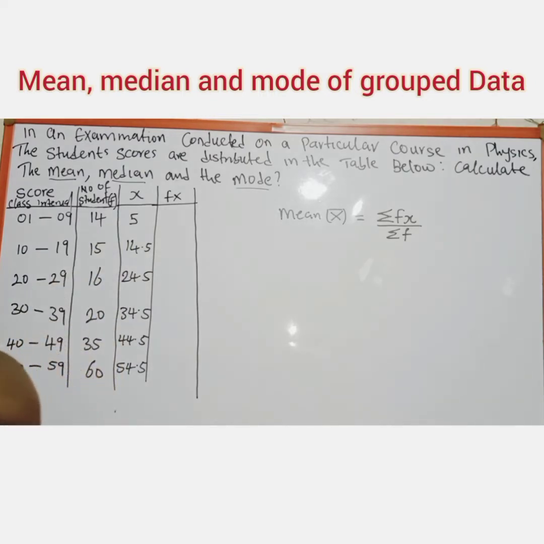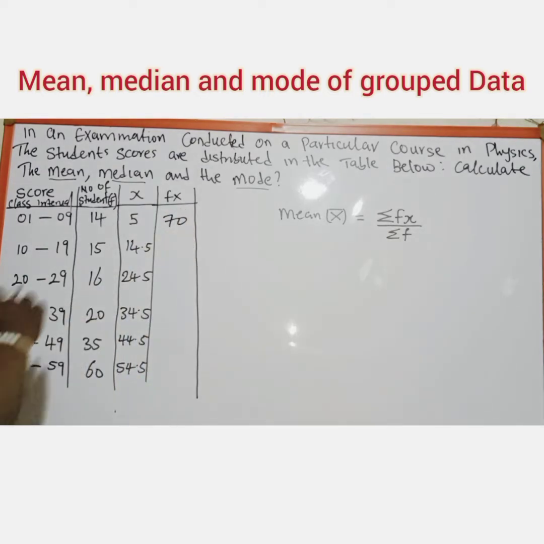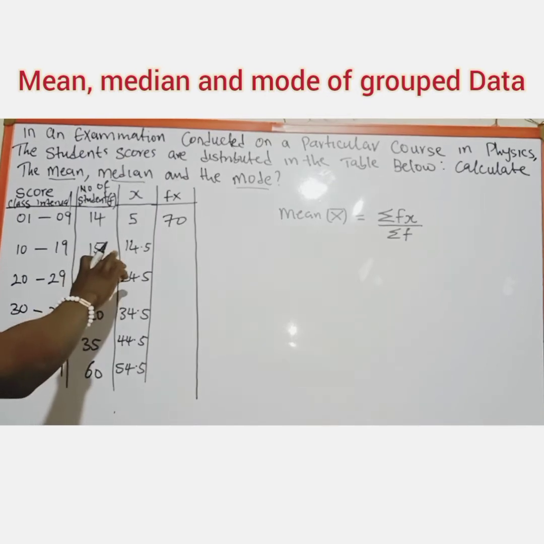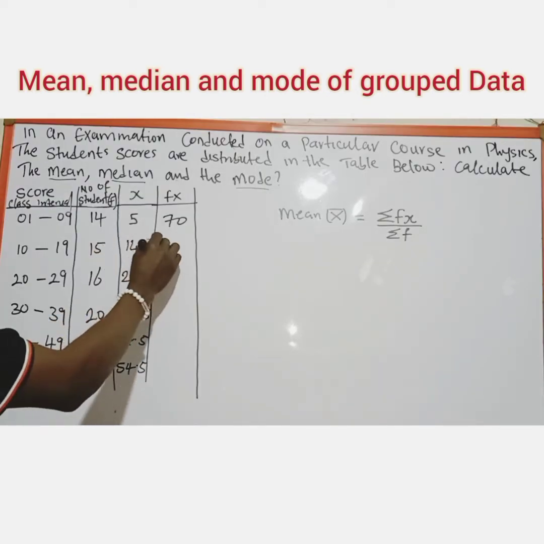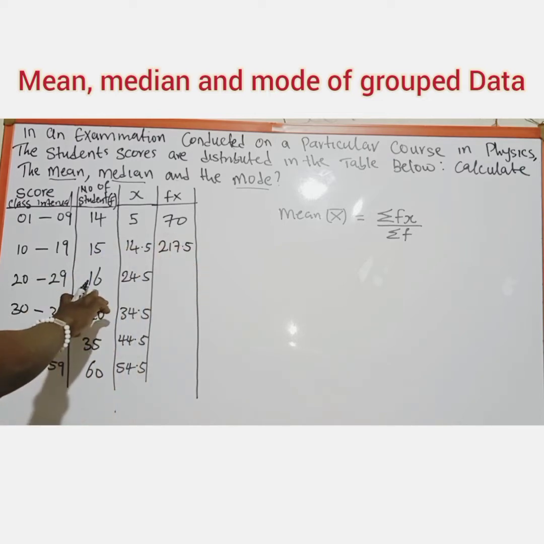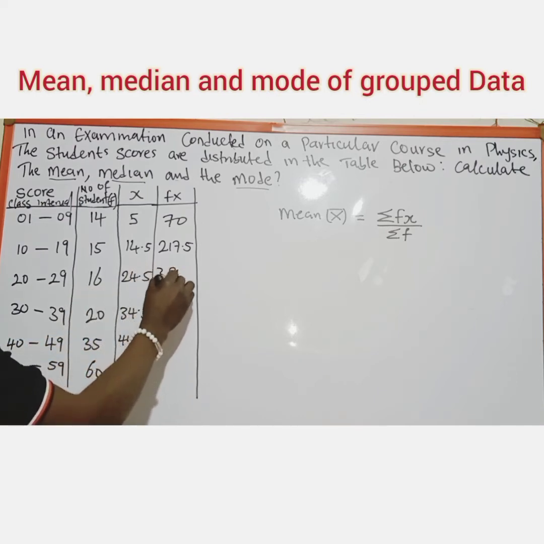So we have 14 multiplied by 5, it will give me 70. Then 15 multiplied by 14.5, it will give me 217.5. Then the next one is 16 multiplied by 24.5, it will give me 392.